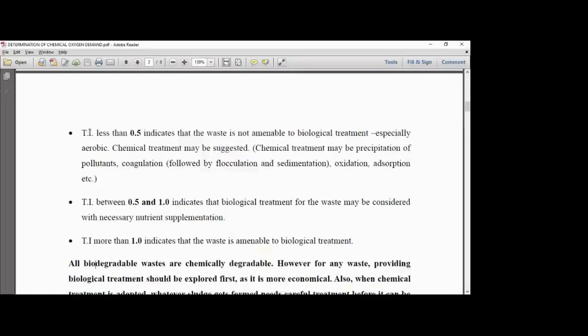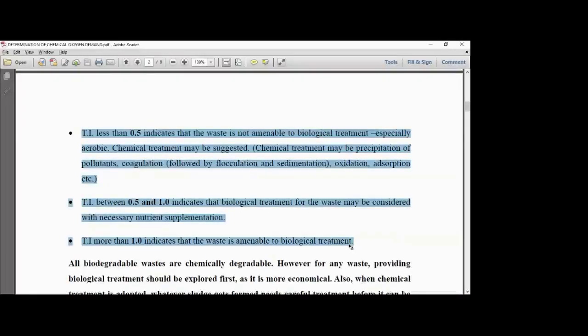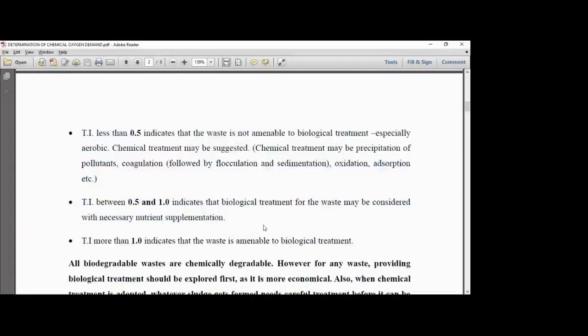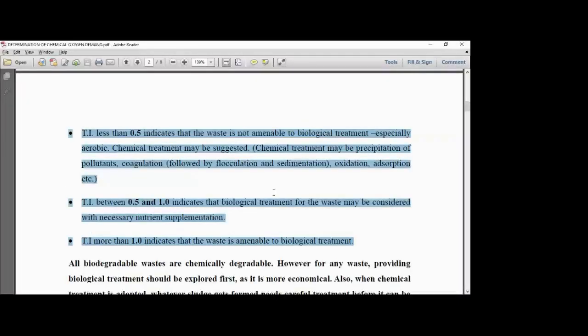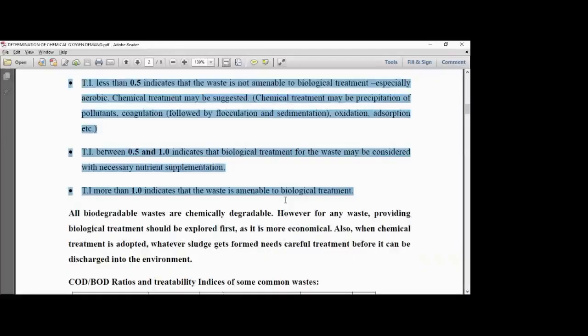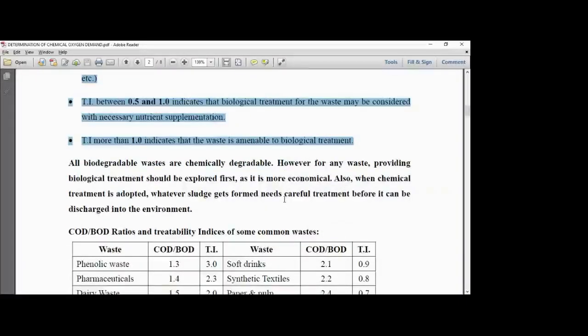The answer is here. On the basis of this, I will be deciding whether to go for a biological treatment, or a biological treatment with some nutrient supplementation, or directly a chemical treatment, right? So this type of understanding will be required, and that understanding will be tested in your oral because it is totally based on your understanding.